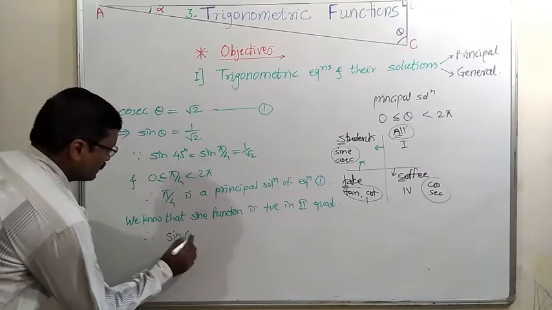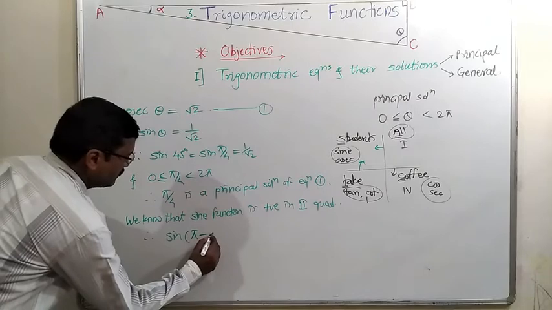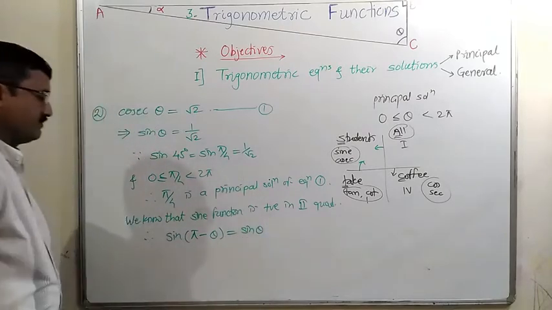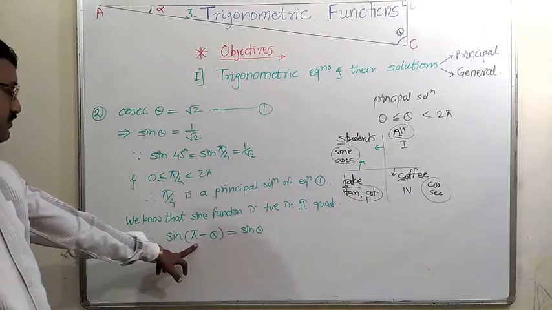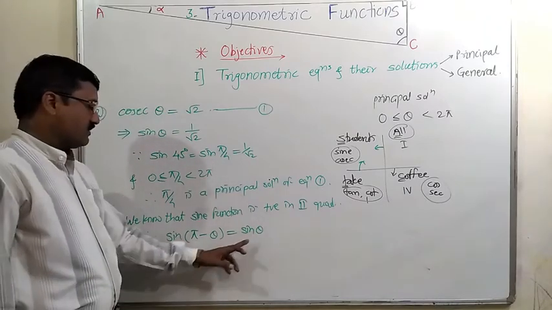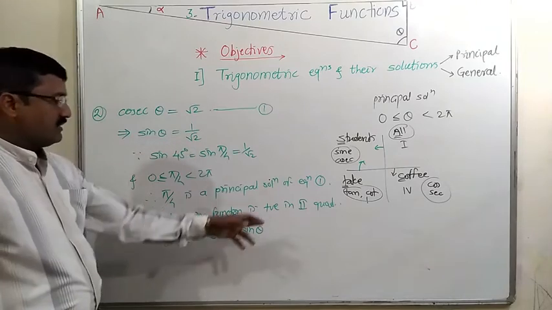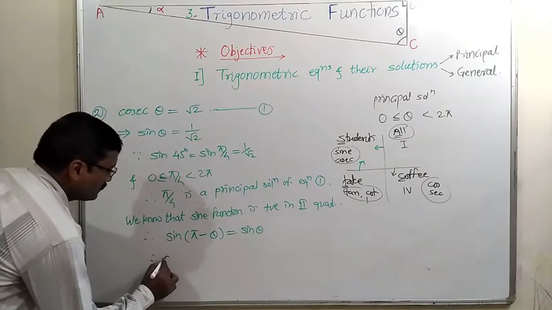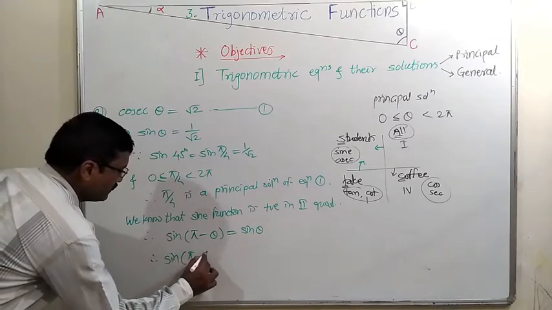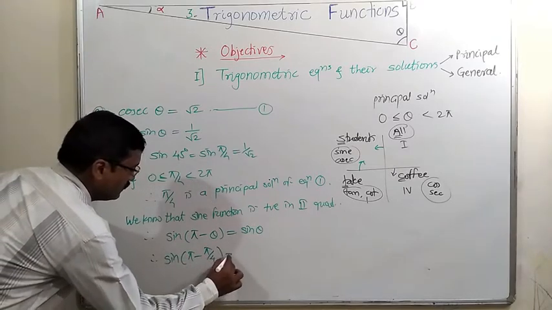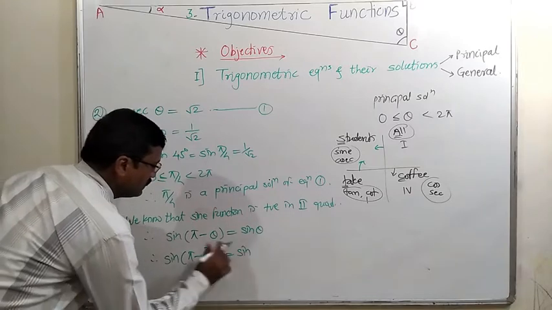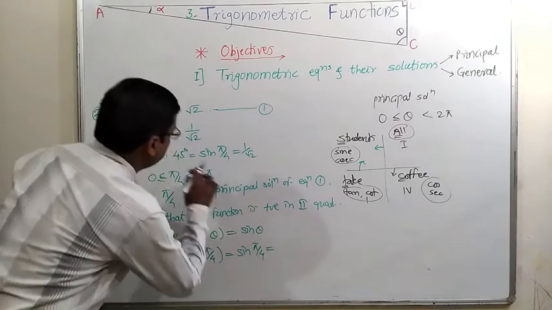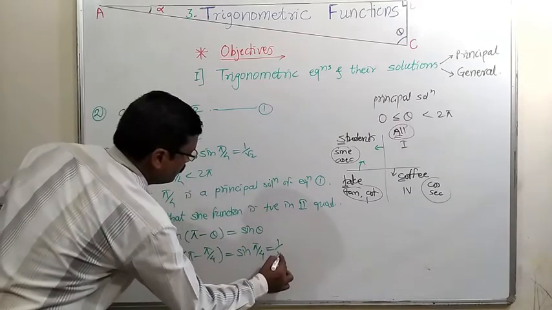So sine of pi minus theta is equal to sine theta, because this is full angle pi, so there is no change in the trigonometric function, it is sine, and pi minus theta gives sine theta. Therefore sine of pi minus pi by 4 is equal to sine pi by 4. But sine pi by 4 we already know is equal to 1 upon root 2.